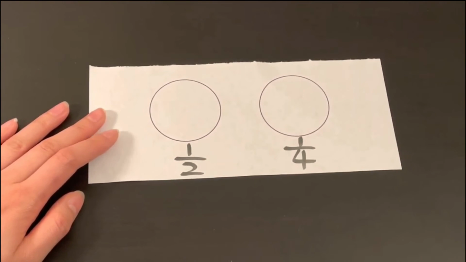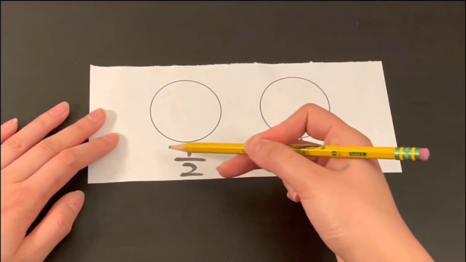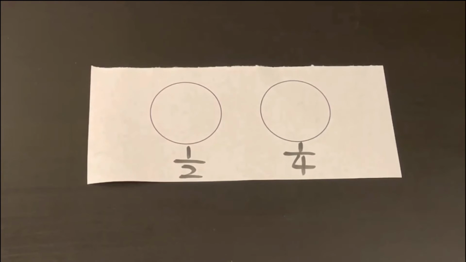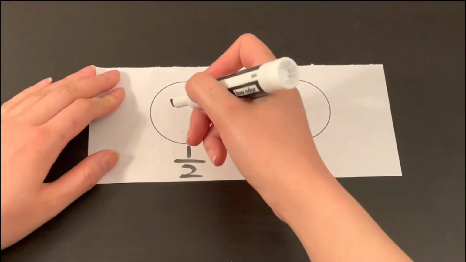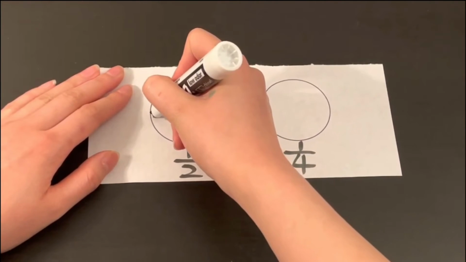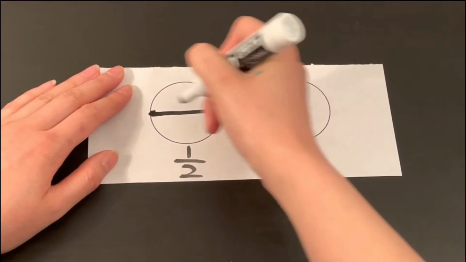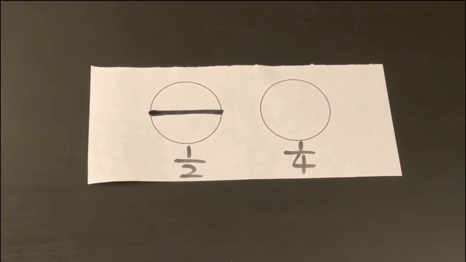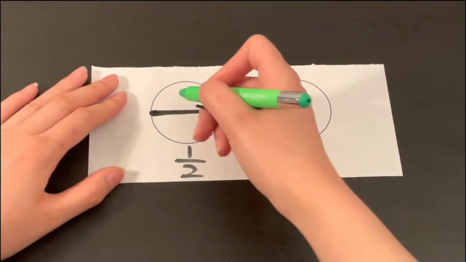Okay, let's divide based on the first one, 1/2. We need to divide our pizza into 2 equal parts. Great job! Okay, and our numerator 1 tells us we need to shade one of them.